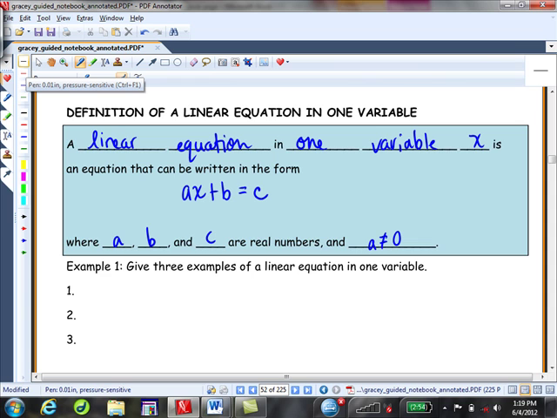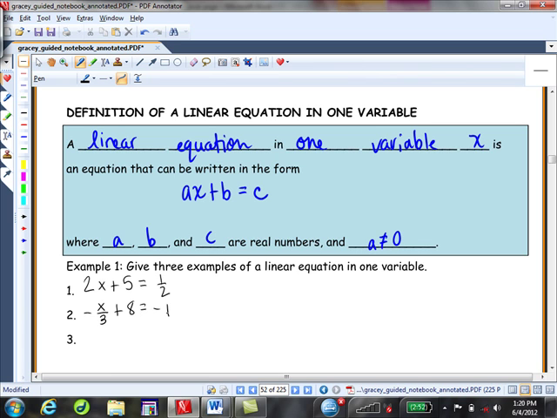One example could be maybe 2x plus 5 equals 1/2. So your A would be 2, your B would be positive 5, and your C would be 1/2. We could also have something like negative x over 3 plus 8 equals negative 1.